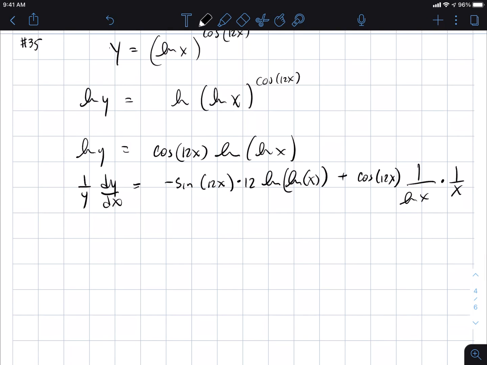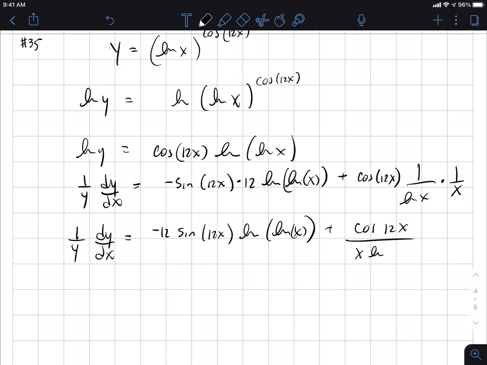So, negative 12 sine of 12x ln of x plus cosine of 12x over x ln of x. And now I need to multiply by y. And I'll just rewrite it this way.